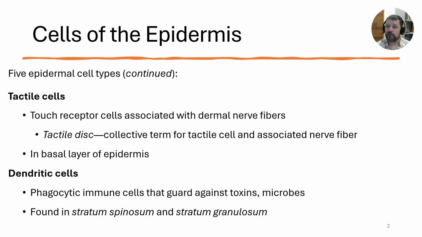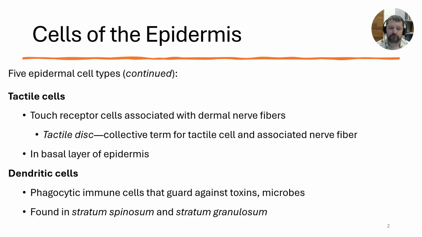Remember, a lot of these cells are going to be associated with the last layer of the epidermis because the majority of the layers above it are dead. If you need cells that are alive, need nutrients, and have to be attached to nerve fibers, you need energy. So that's that last layer of the epidermis, and we'll come back and look at it here.